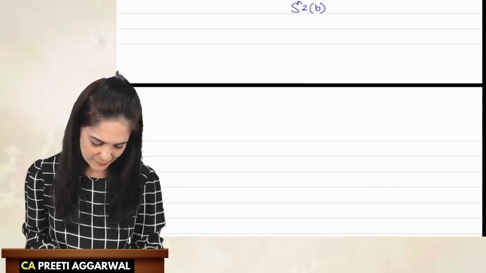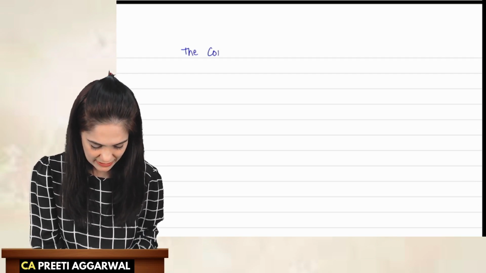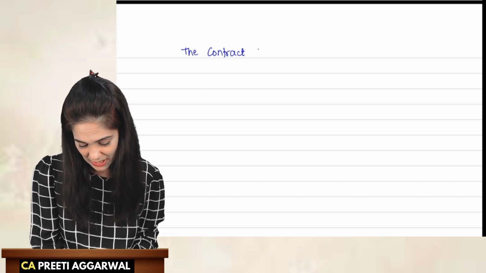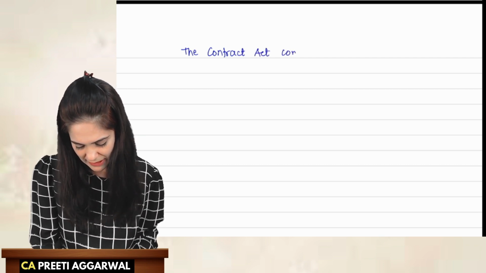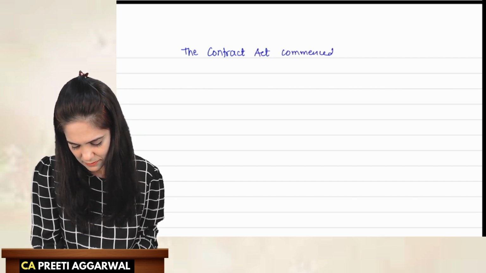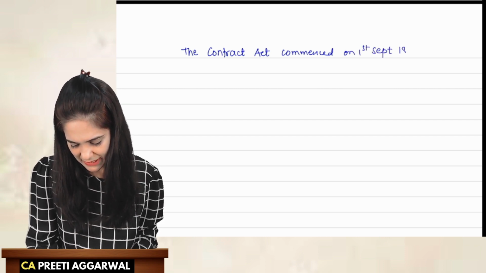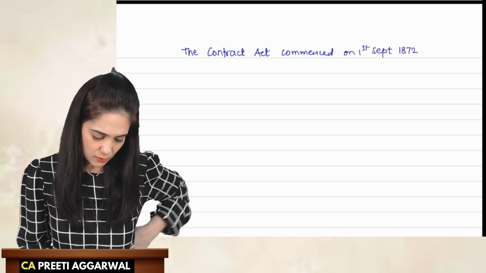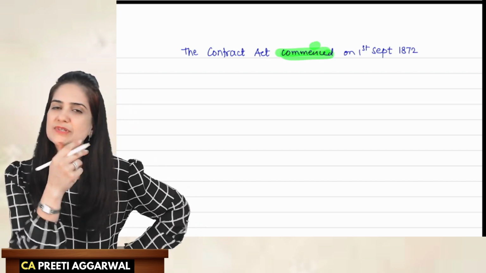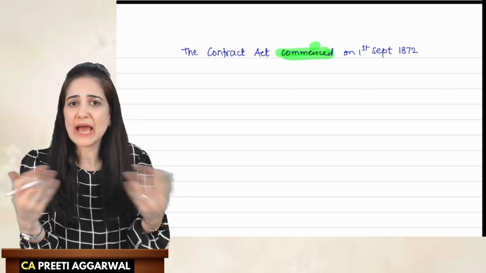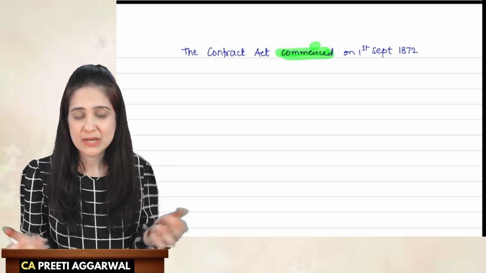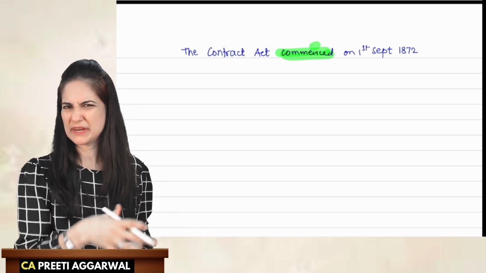Like, for example, you must have read that the Contract Act, okay, this is our favorite act, commenced on 1st September 1872. Now, what is the meaning of the word commenced? It means it began, it came into force. Now, these are such general meanings.